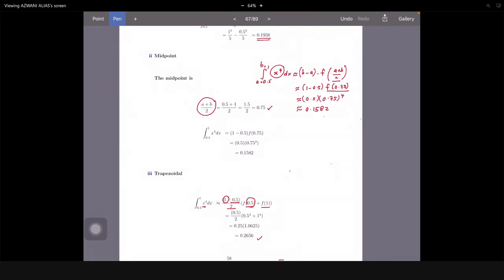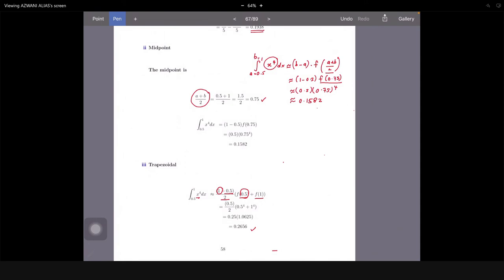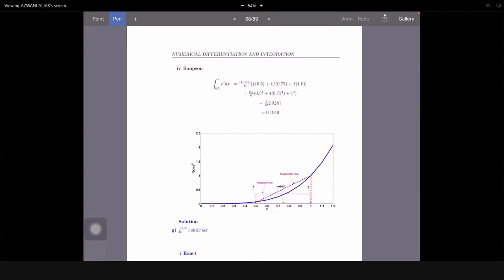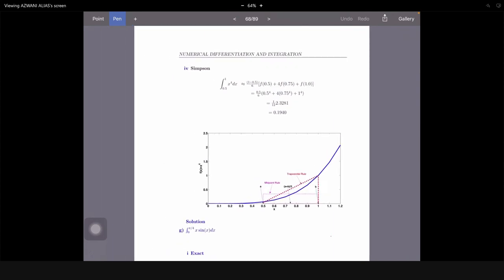So, jauh juga dengan trapezoidal dengan exact solution tu. So, Simpson Rule, B minus A divide by 6. Okay. F pada initial point tambah 4 darab dengan midpoint tambah dengan the value pada end point. So, dia dapat yang ni lah.